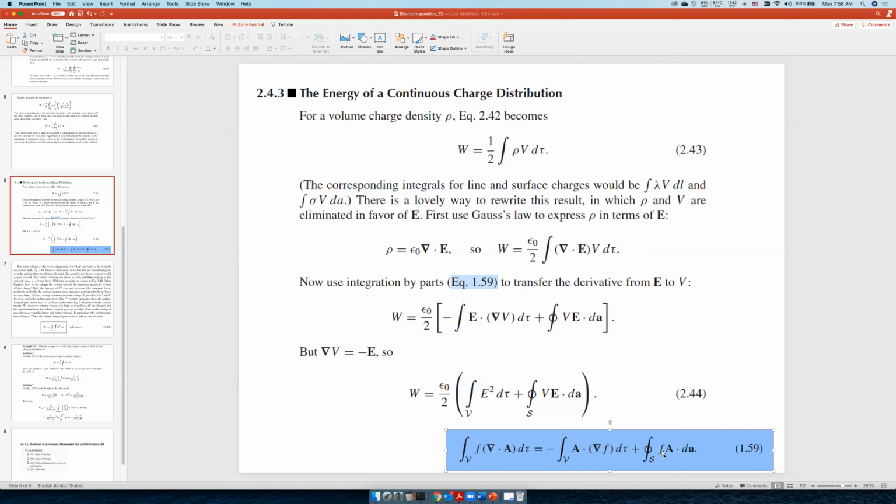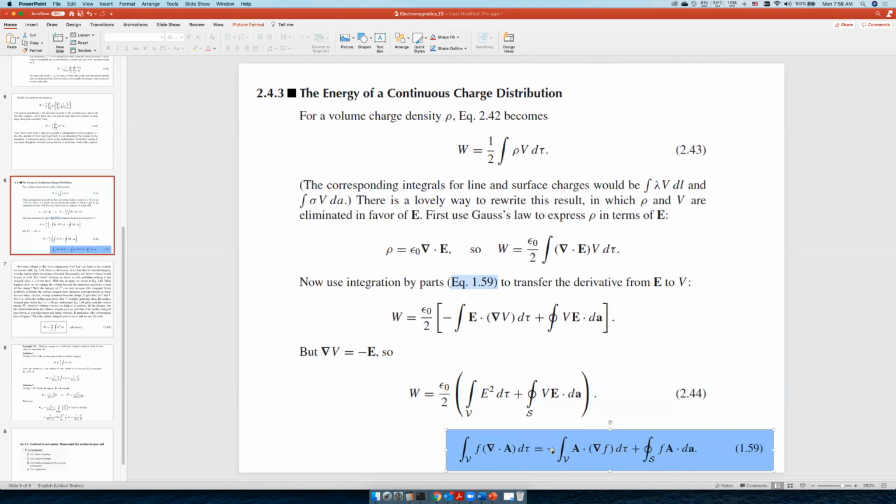If you forget this equation, you can go back to 1.59. It's not a difficult equation. It's just a very simple rule, because if you move this term to the left and this term to the right, you figure out it's just a very regular equation. So if you forget it, please go to chapter 1 to see the derivation.